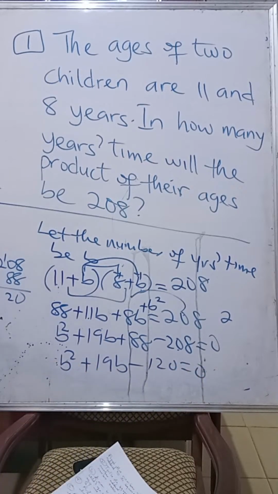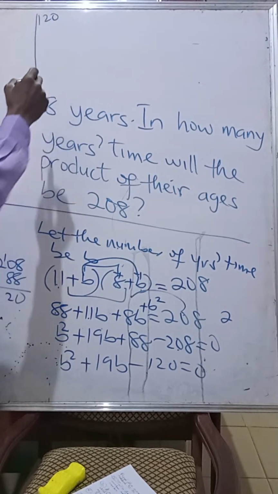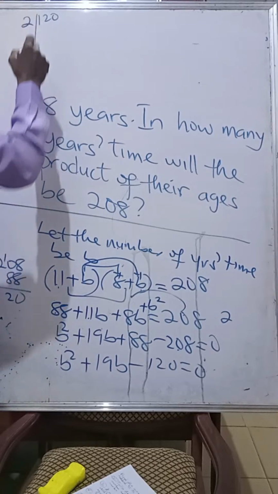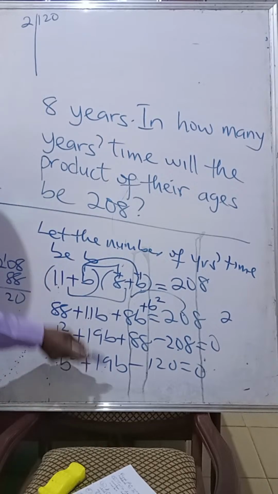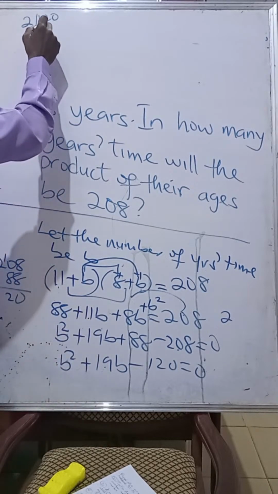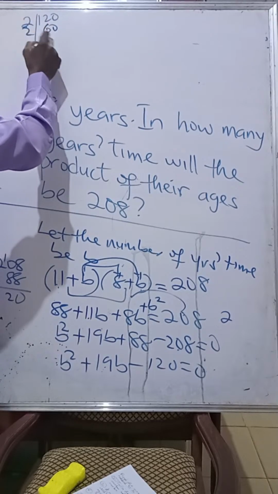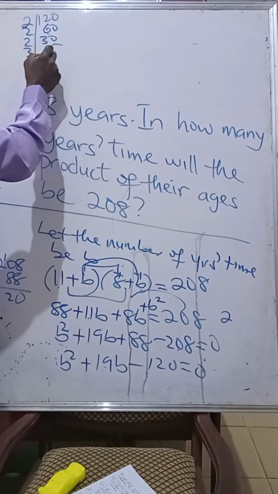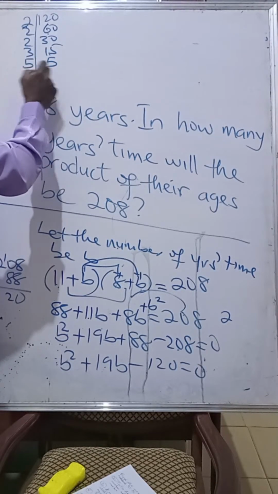So let's now factorize this. Find two factors of 120 such that when you add or subtract them, it must give you 19. So 2 in 120, that's 60. 2 in 60, that's 30. 2 in 30, that's 15. 3 in 15, that's 5. 5 in 5, that's 1.